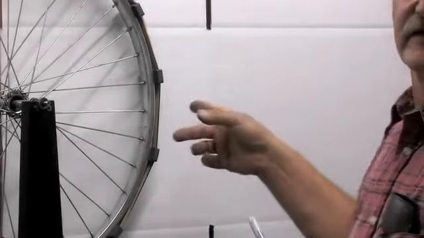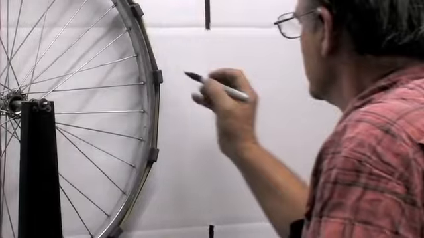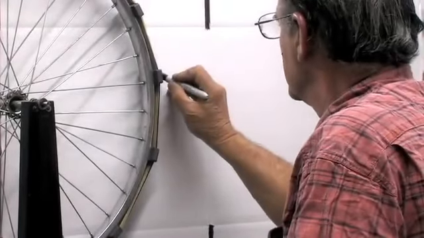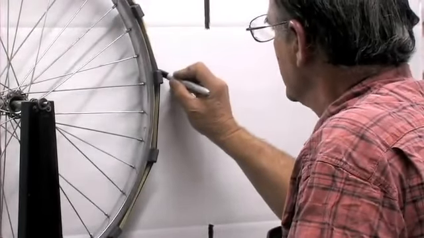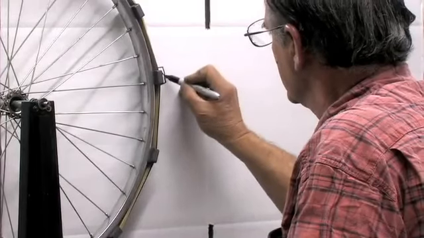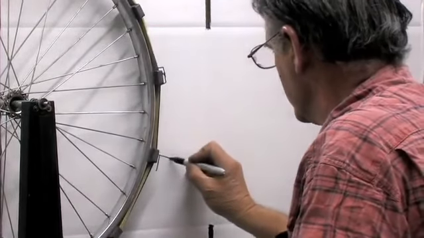Okay, but we're going to map these fields right now. So what we have is a north pole here, and a north here.